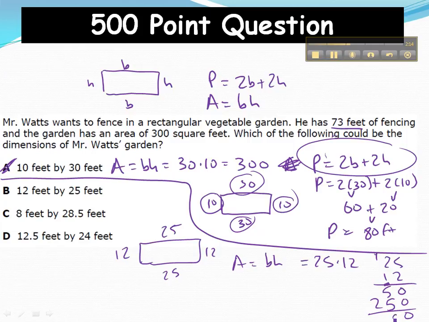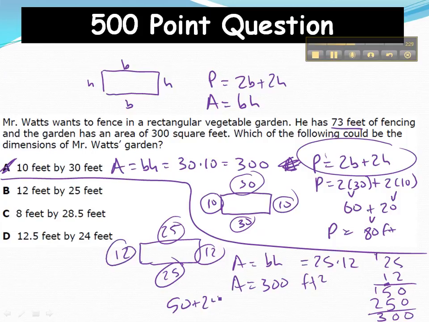Adding those up, we get 300. So this is also 300 feet squared. Let's check the perimeter. 25 and 25 is 50, plus 12 and 12 is 24. That equals 74. That's just a little bit more than we have, so that won't work.